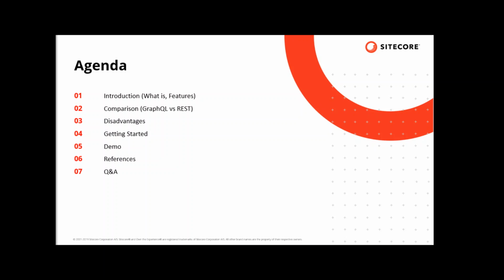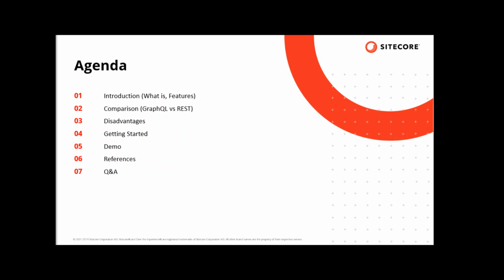Then I'll talk about the disadvantages of GraphQL, and then getting started with GraphQL, how we want to implement it in our solution. Right after that, so as not to get you too bored, I'll present a demo, and then the references for the content of my slides, and we go for a Q&A session.